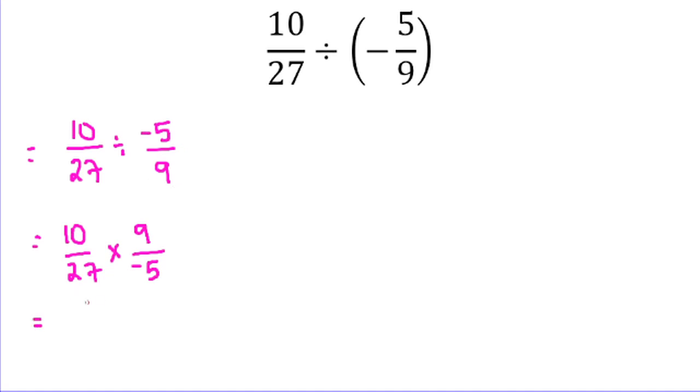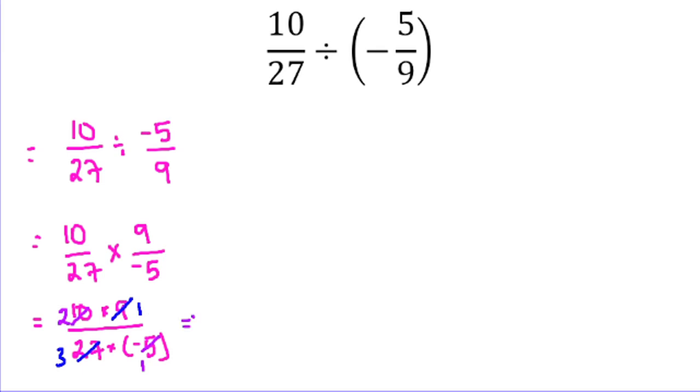So now let's use our multiplication rule. 10 times 9 over 27 times -5. Once again, I'm going to look for places where I can simplify or cross cancel. I notice that the 9 and the 27 can both be divided by 9, making that a 1 and that a 3. Likewise, the 10 and 5 can be simplified by a factor of 5. That becomes a 2, and that becomes a -1.